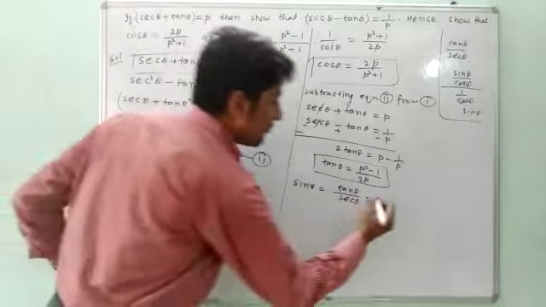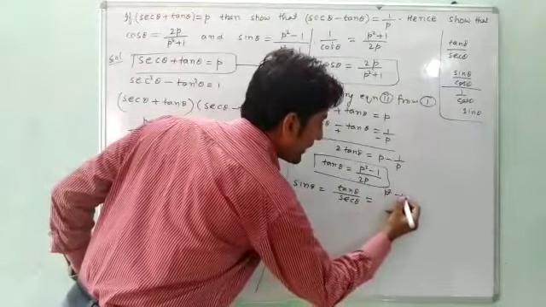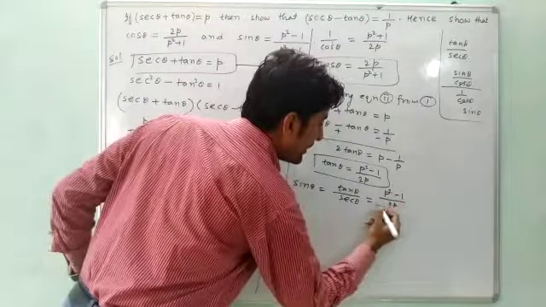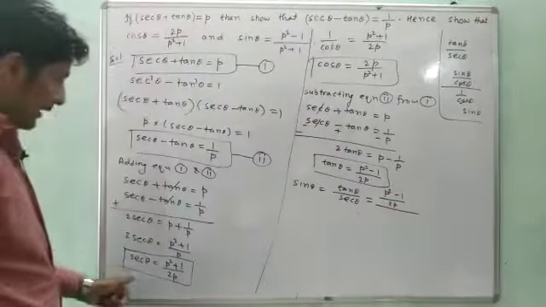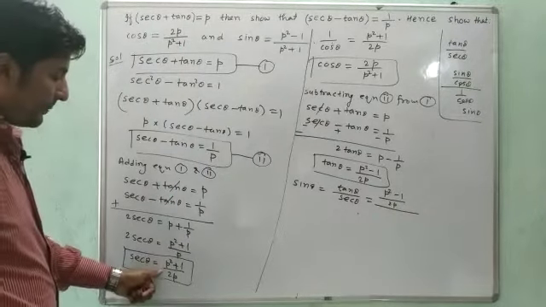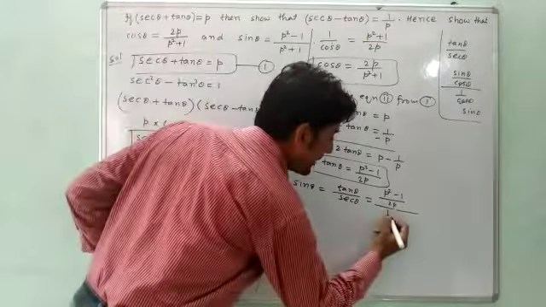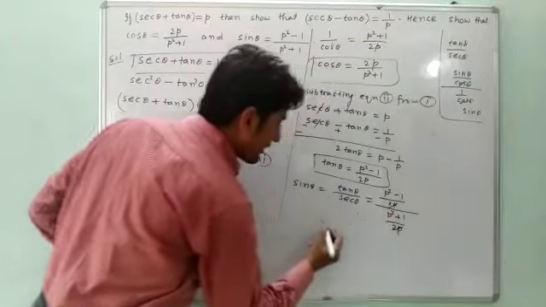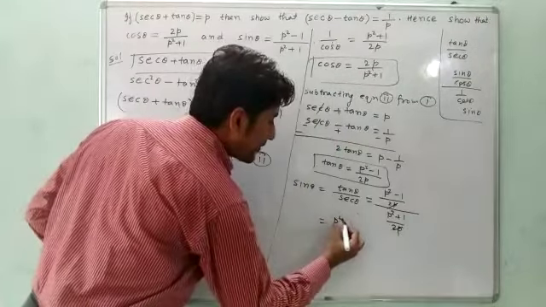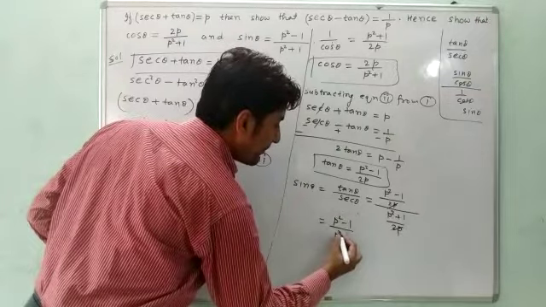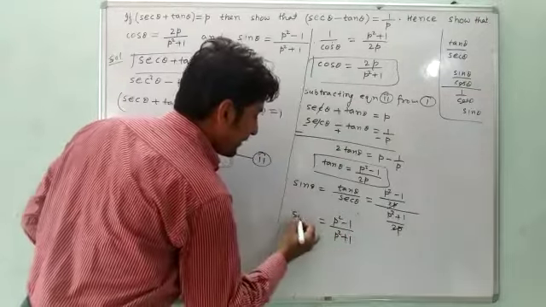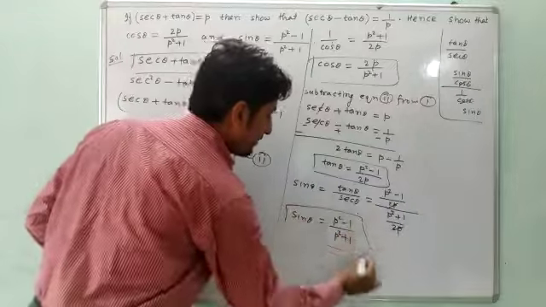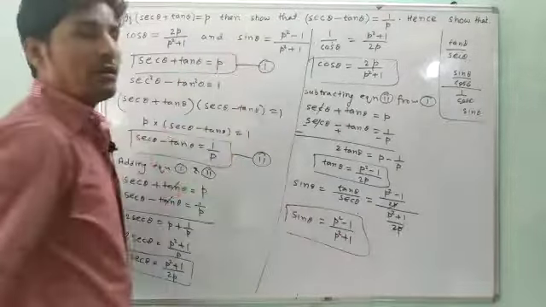So we put the value of tan theta, P square minus 1 upon 2P, divided by sec theta, whose value is P square plus 1 upon 2P. Now 2P cancels. Finally we have P square minus 1 upon P square plus 1. This is the value of sin theta. So this part is also verified.